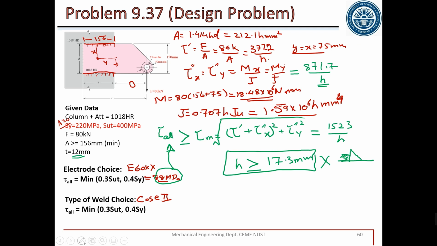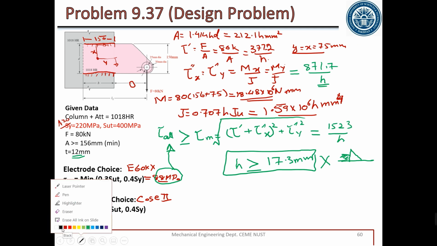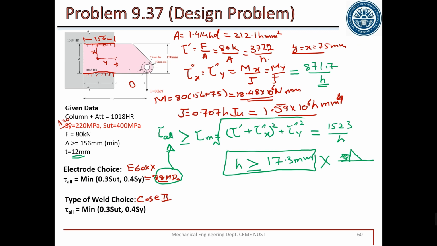So just by changing the case, the type of electrode is the same. Instead of case 2, we will be using case 5. I'm just changing the values with a black ballpoint. The area is also doubled. This area will be multiplied by 2, so we'll be getting the final area which is equal to 424.2 mm square.